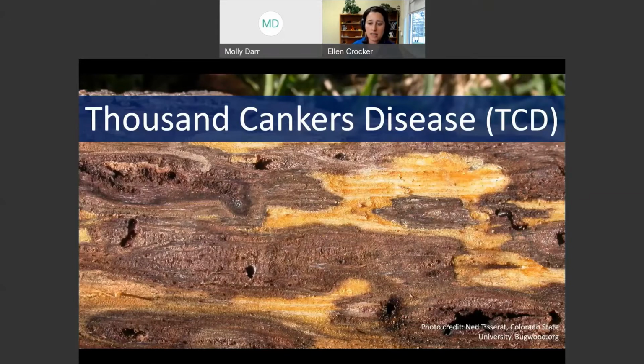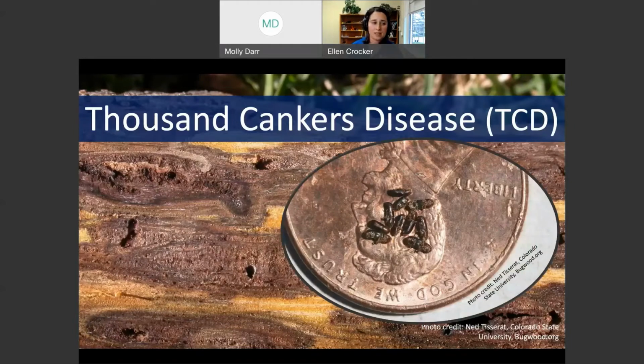And I think this emphasizes to me the point here, this photo again of these tiny little beetles, that unless you're an entomologist, and I know we have some entomologists joining today, you likely won't see these, right? These are tiny. They are little and they're easy to miss.